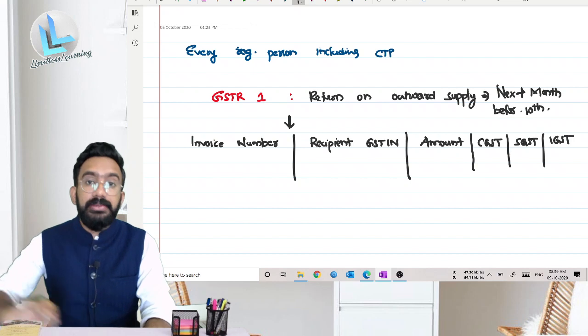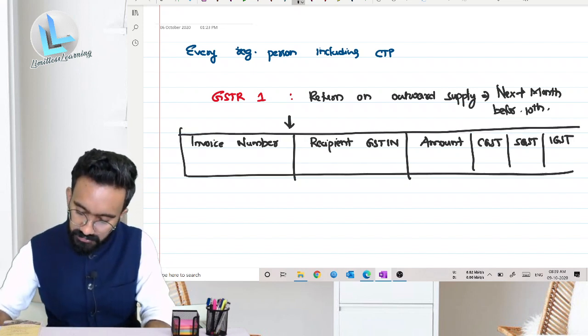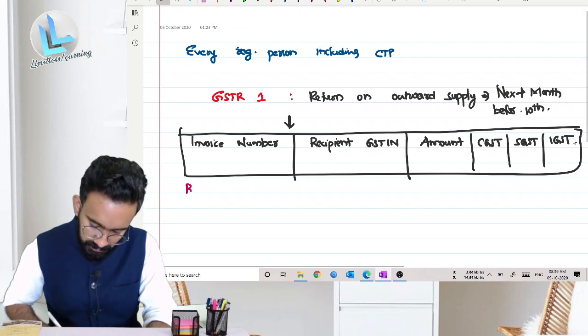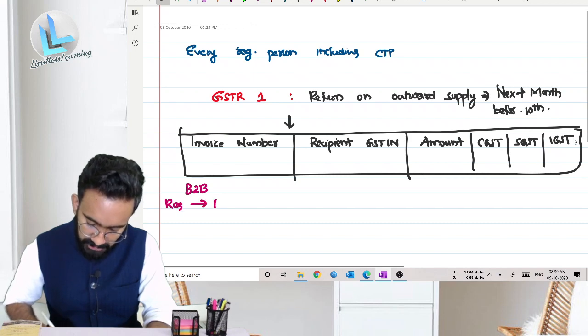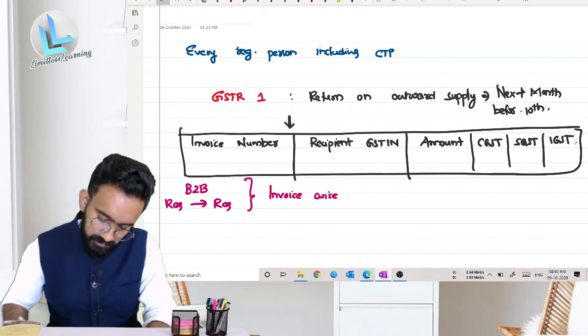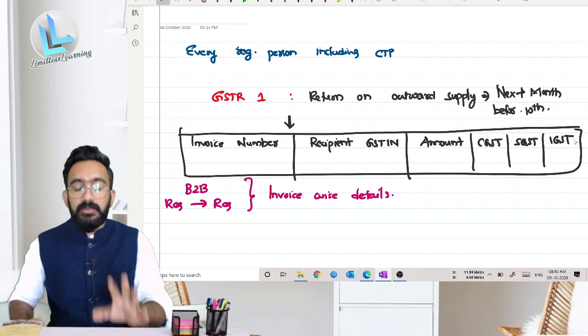All these details will be uploaded. So if it's a business to business transaction, which means a registered person making supply to another registered person, they will have to give invoice wise details. Okay, this is the first set of information that you should know.